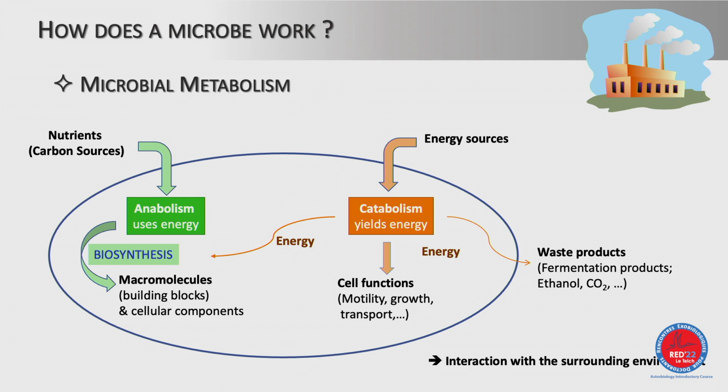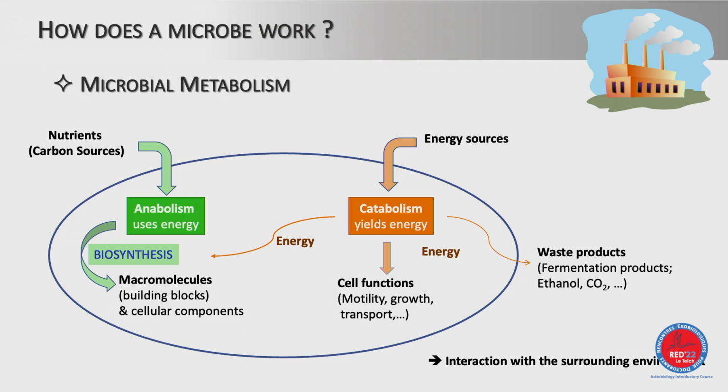And the energy is the catabolism, so it's going to be used for the biosynthesis, but also for other cell functions, such as mobility, growth, transport. And as you know, they produce energy, they produce some components, and also waste products.